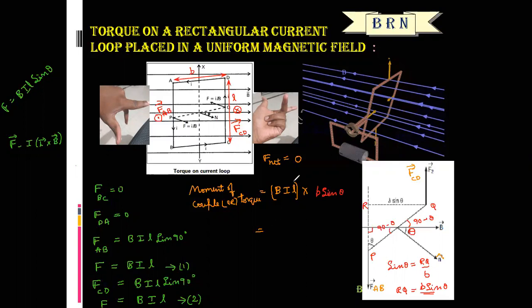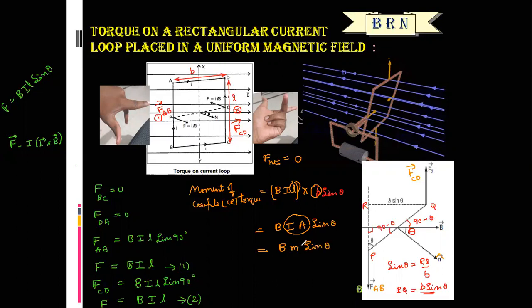So length into breadth is the area of the current loop: BIA sine theta. The product of current in the loop and area, what is that? That is the magnetic dipole moment, right?